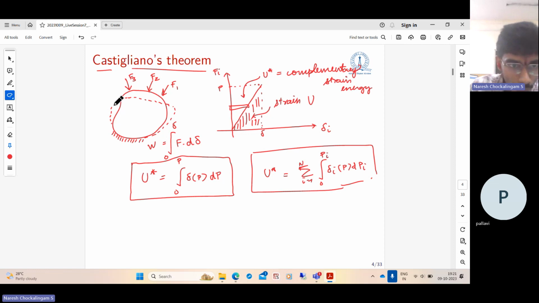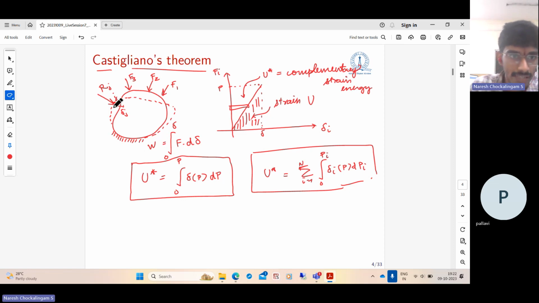Now let us take one point on the structure and apply a force R. Suppose we take one point on the structure, let us call that point J, and we apply a force Rj to that point. And in the deformed structure, if the point displaces by delta J, so it's already deformed, it is storing some strain energy, and the complementary strain energy is given by this.